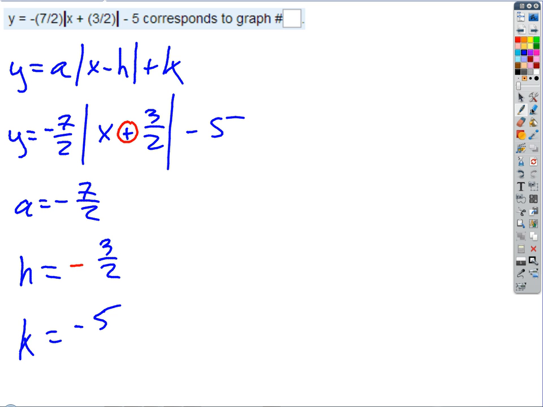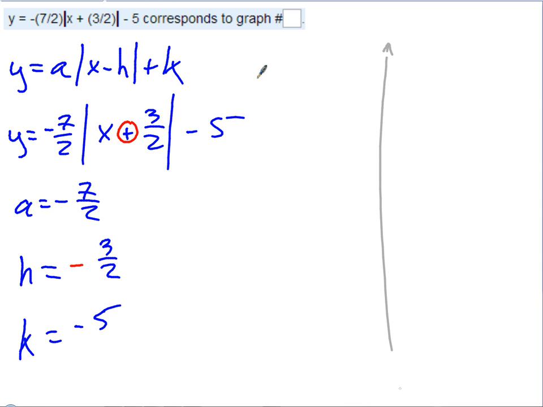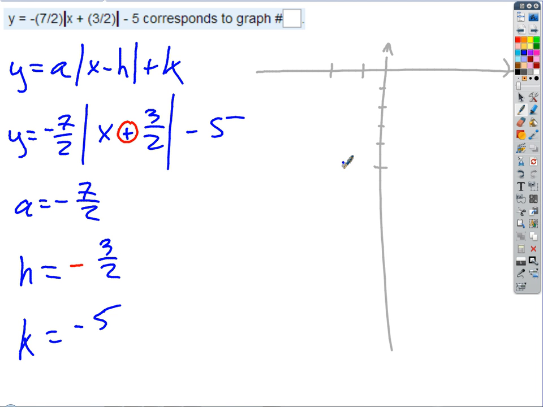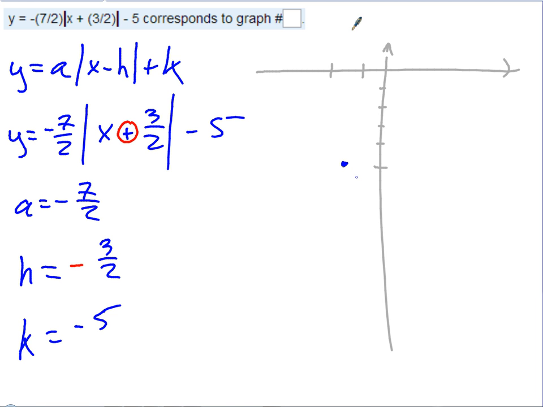So it would look like this. I'm going to go back 1.5, and I'm going to go down 1, 2, 3, 4, 5. So right there's my vertex. And then there's my fold in the paper.